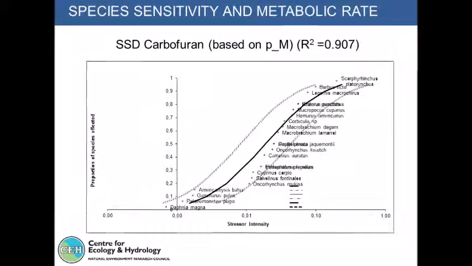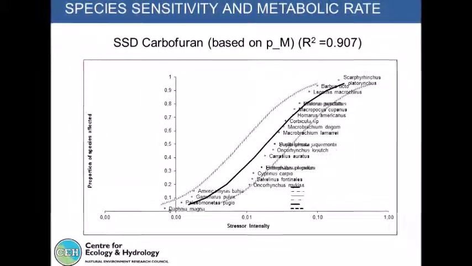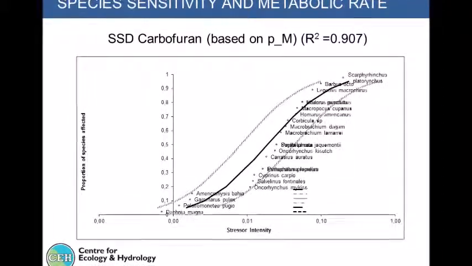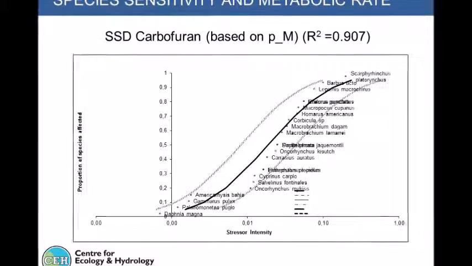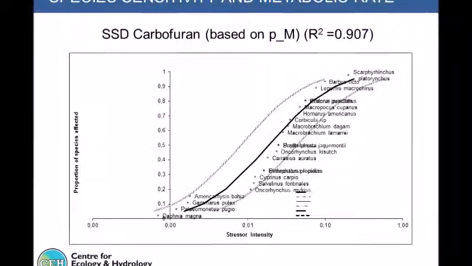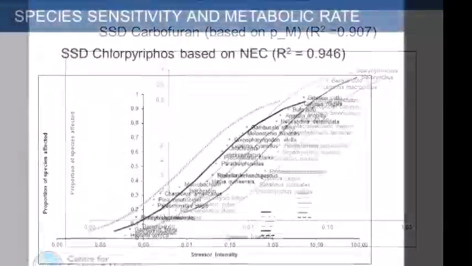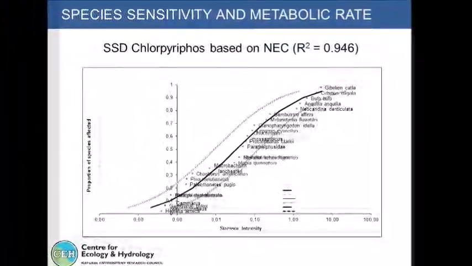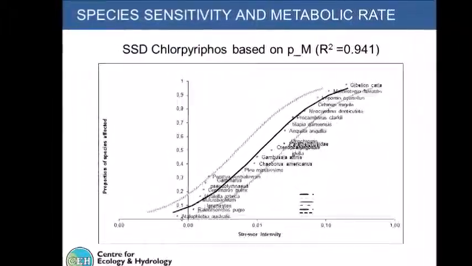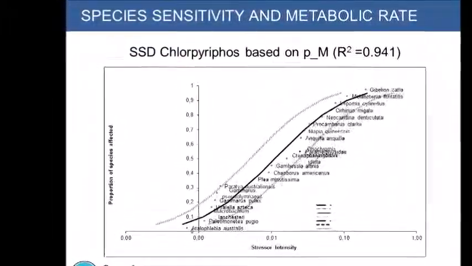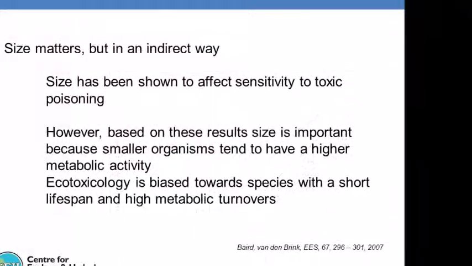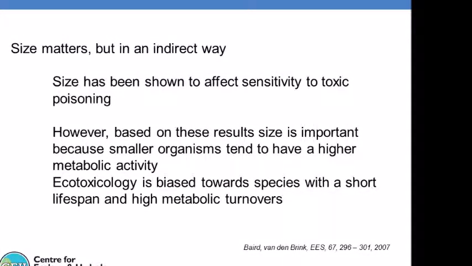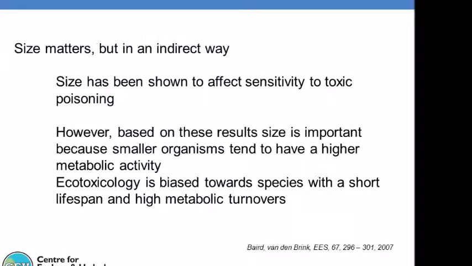And then you find the same distribution, but the more interesting thing is that the order of the species is almost spot on the same for the sensitivity as it is for this specific somatic maintenance rate. And you can do this for all 4 compounds and come to the same conclusion. What we learned from this, at least for these compounds, is that the specific somatic maintenance rate does influence species sensitivity.